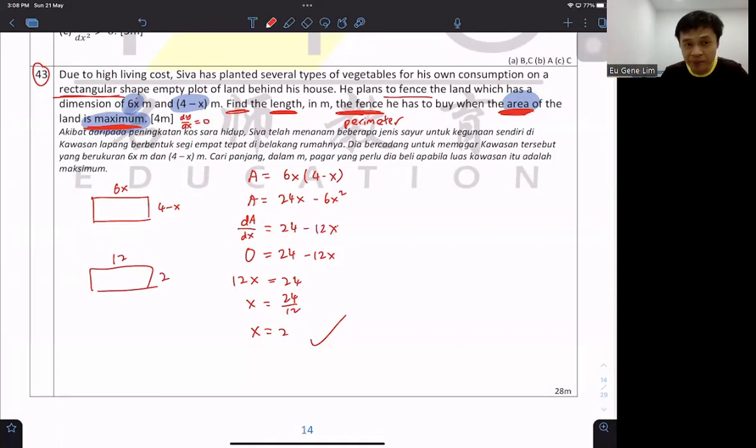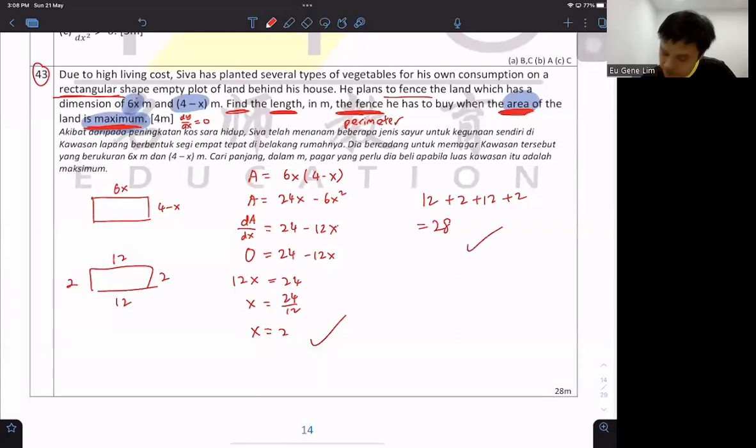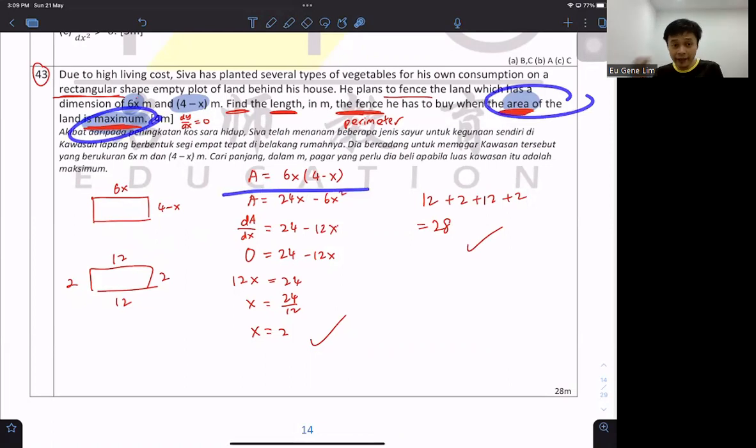So the perimeter is 12 plus 2 plus 12 plus 2, which is 28. Understand? They want you to find the perimeter, but they say area maximum. So you do area first. Area maximum, so dA dx is 0.